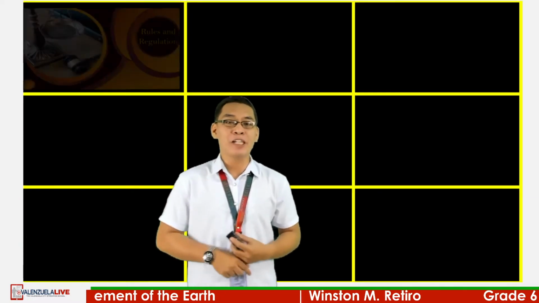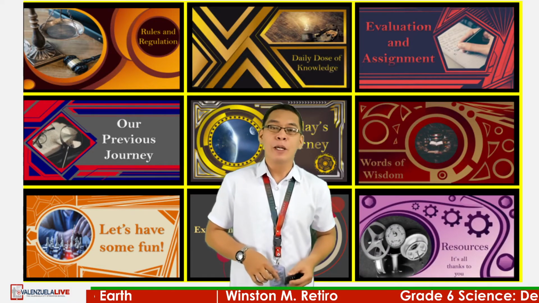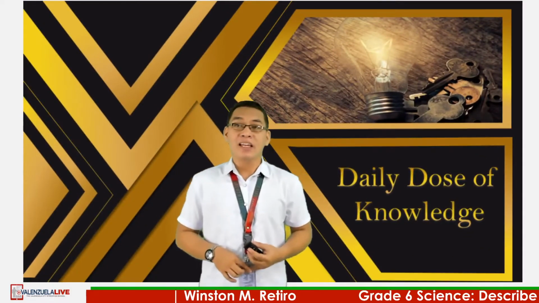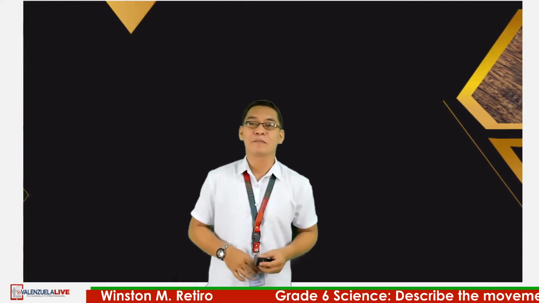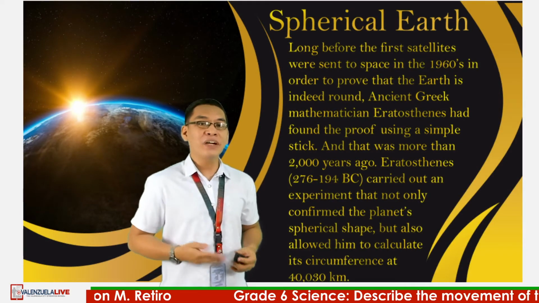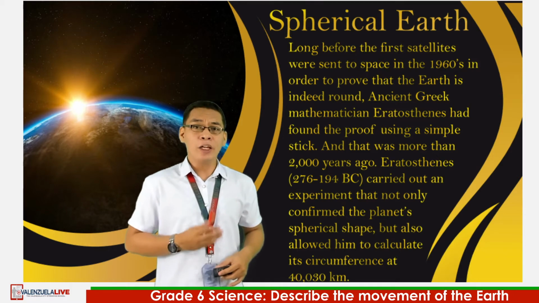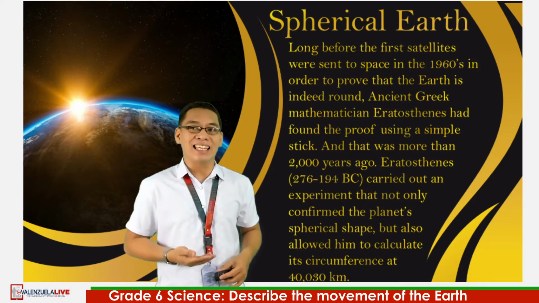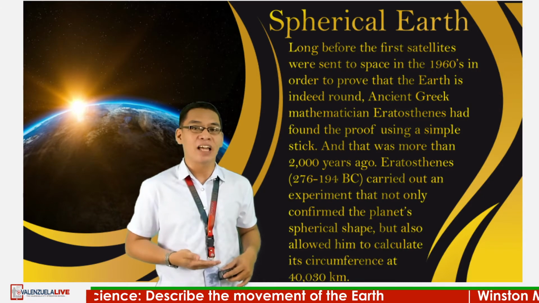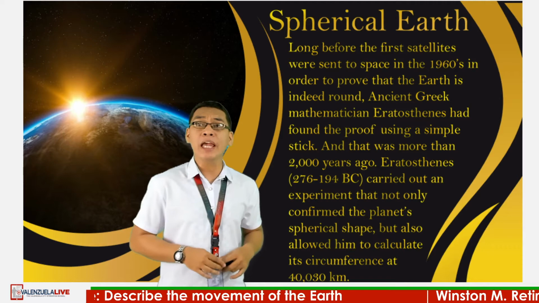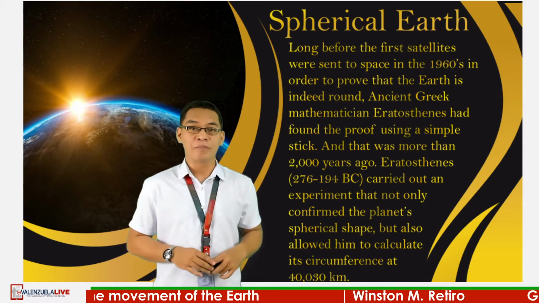Based on the given pictures today, we are going to discuss the movement of the Earth. But before that, let's have our science trivia for today. Long before the first satellites were sent to space in the 1960s to prove that the Earth is indeed round, ancient Greek mathematician Eratosthenes had found the proof using a simple stick, and that was more than 2,000 years ago.